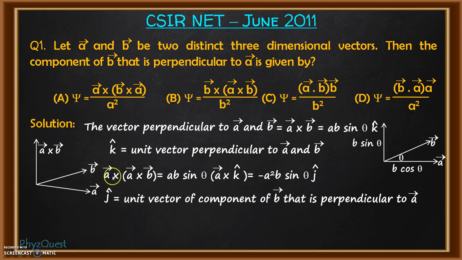Now we are talking about this vector A cross (A cross B). So here the resultant vector of the cross product of vector A and vector A cross B has this direction, which is opposite to the component of vector B which is perpendicular to A. If you imagine a bit, see here, this is vector A and this is B. So B sin theta will be somewhere in this direction, and A cross (A cross B) is along this direction.